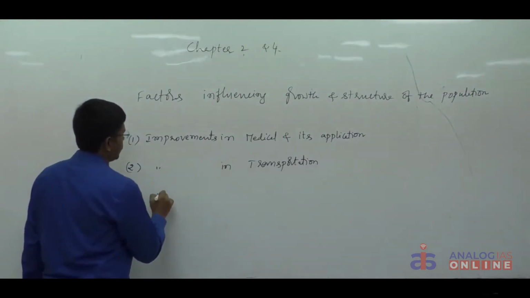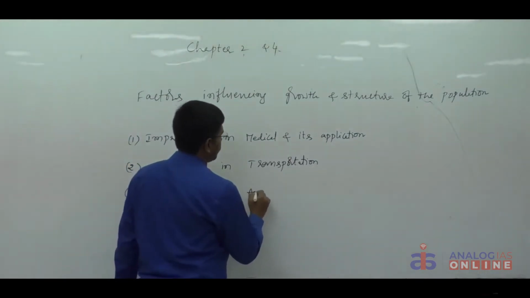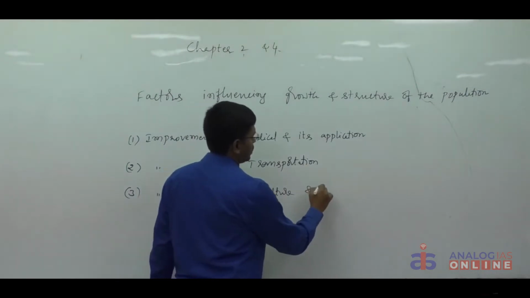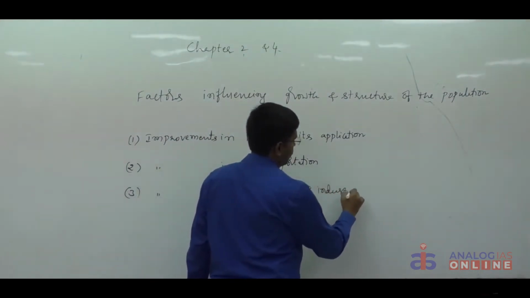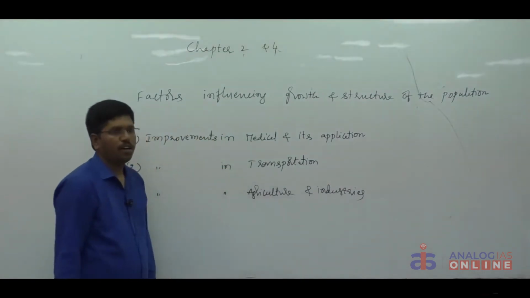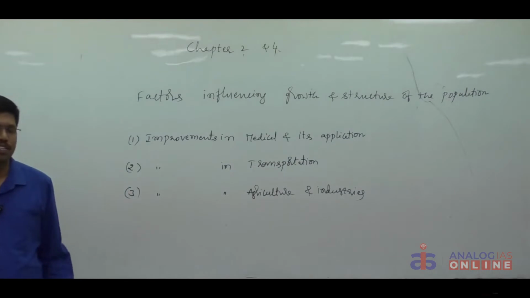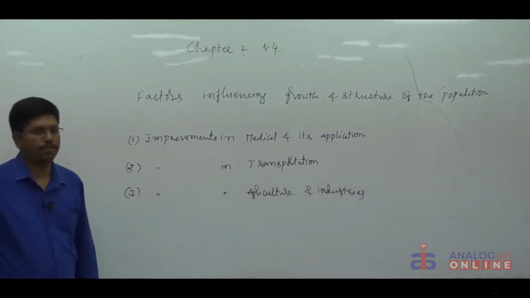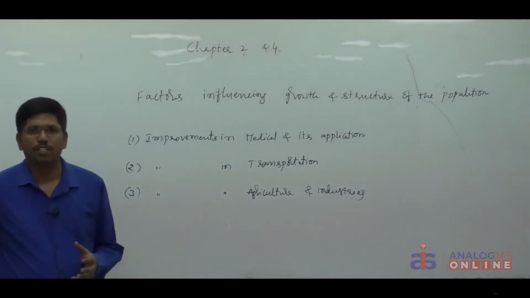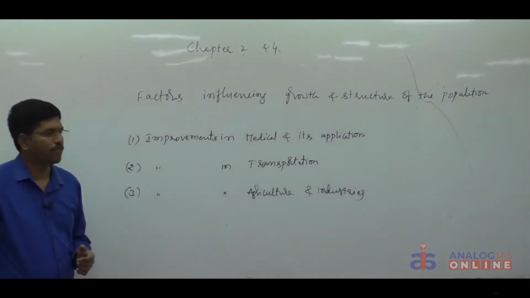Later, improvements or development in the field of agriculture and industry. Once upon a time, even today also in India, agriculture is mainly monsoon dependent. But the uncertainties because of nature are controlled because of the developments in the field of science and technology.